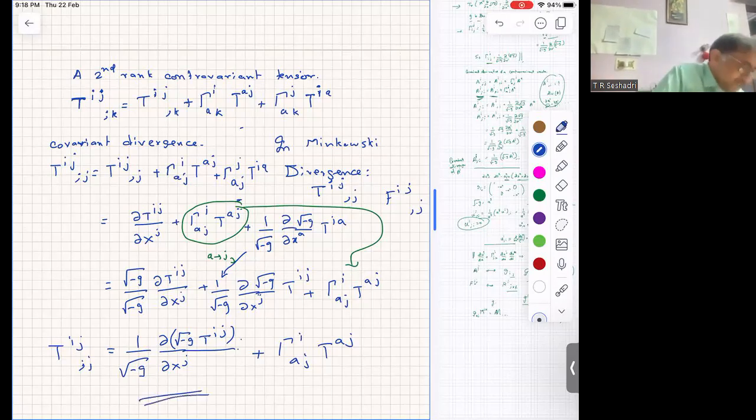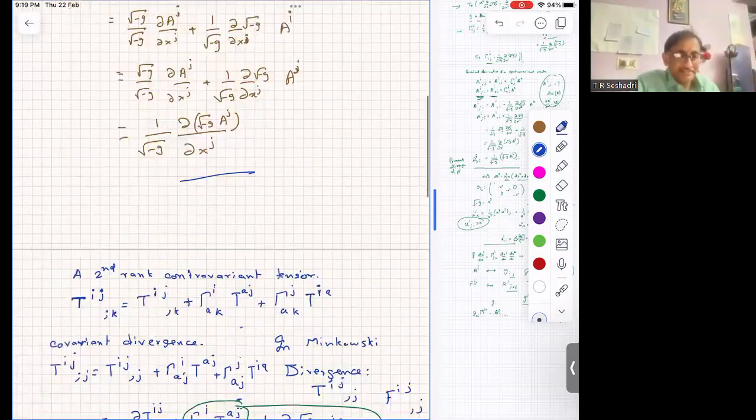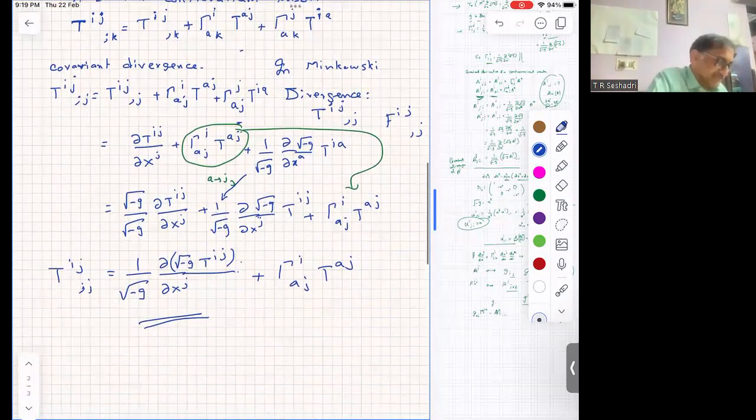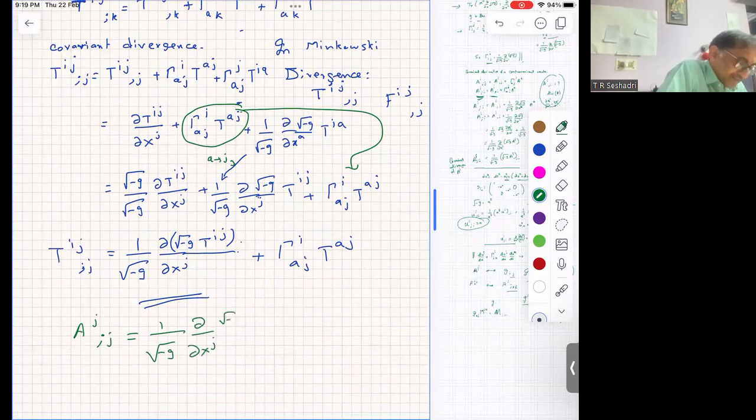This quantity has a lot of similarity with this quantity. So just to recall, A^j semicolon j is equal to 1 by square root of minus g del by del x^j square root of minus g A^j. But this has an additional term. Now let us look at this additional term.